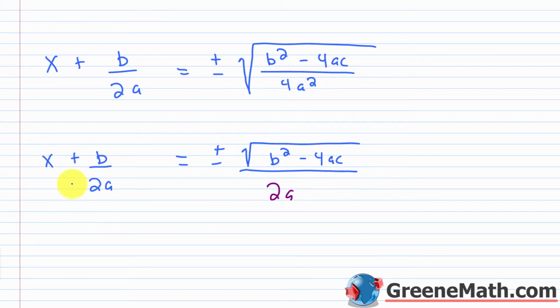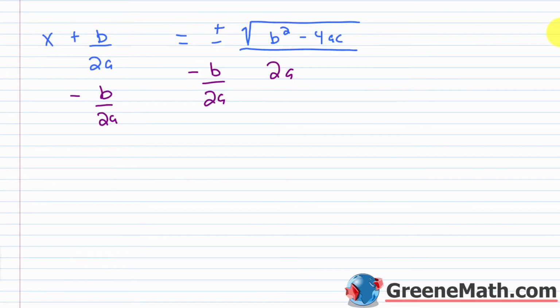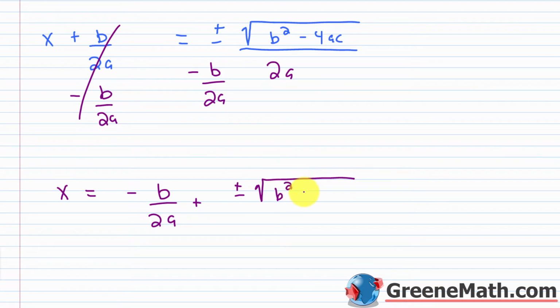So how can I get x by itself? Well, I can just subtract b over 2a away from each side of the equation. And let me scroll down a little bit. What we're going to have here, this will cancel, is x is equal to negative b over 2a, then I'll have plus or minus the square root of b squared minus 4ac over 2a.